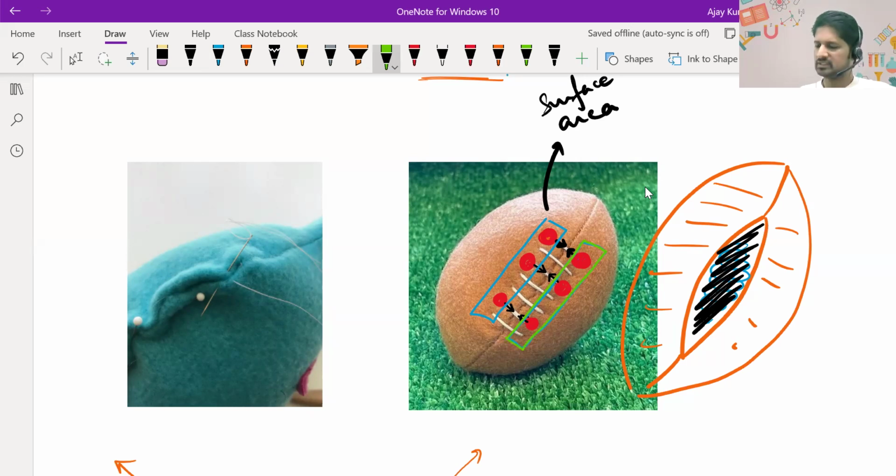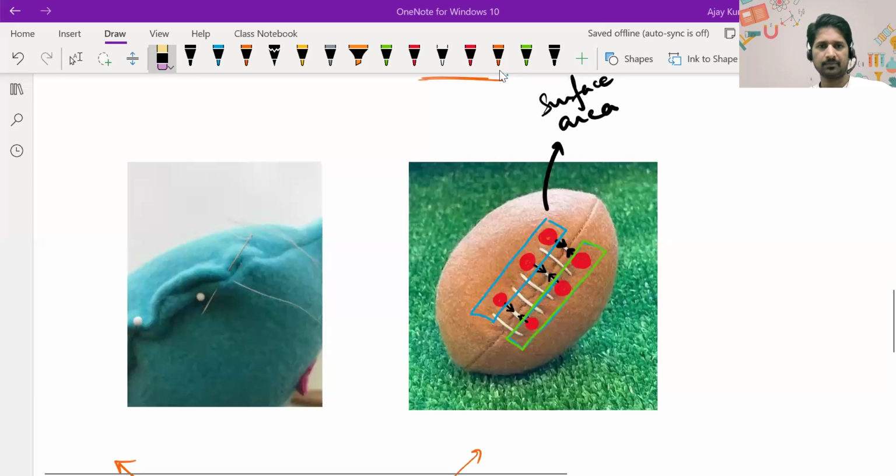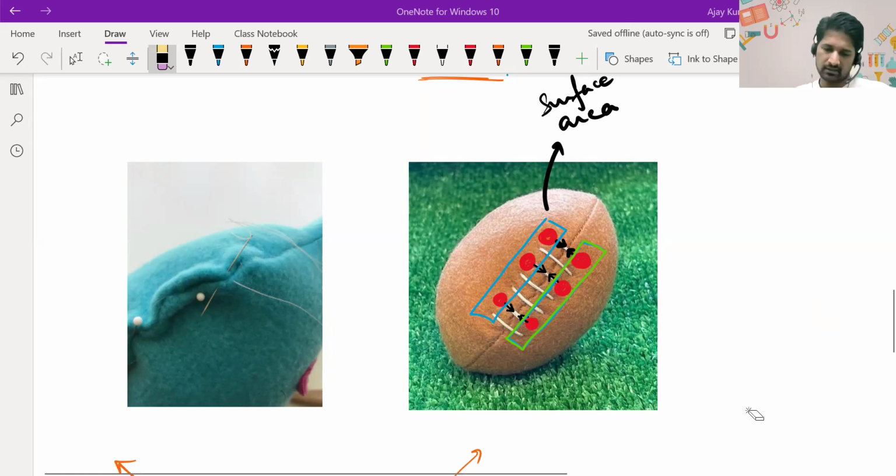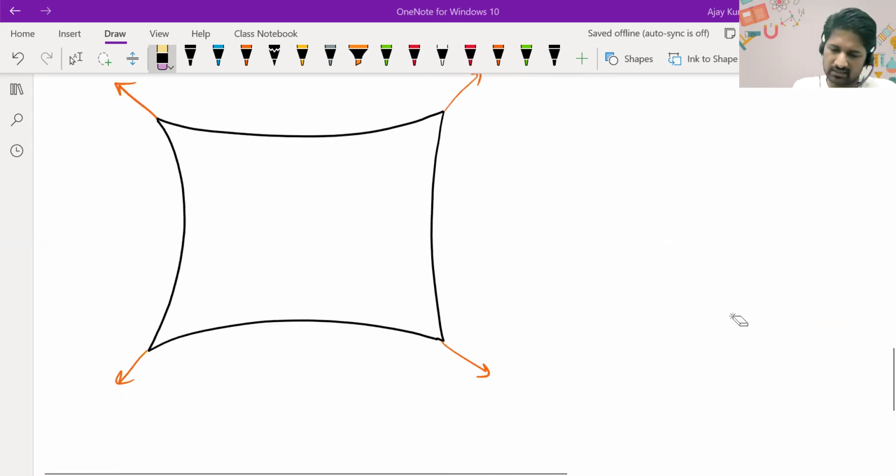The total force exerted by molecules on one side on molecules on the other side, what will it depend on? Think carefully and answer. Okay, I got one answer as number of molecules. That is correct. Each molecule exerts a certain amount of force, then the total force exerted by one side on the other side definitely depends on the number of molecules. Total force depends on that. Now you consider a stretched sheet like this.